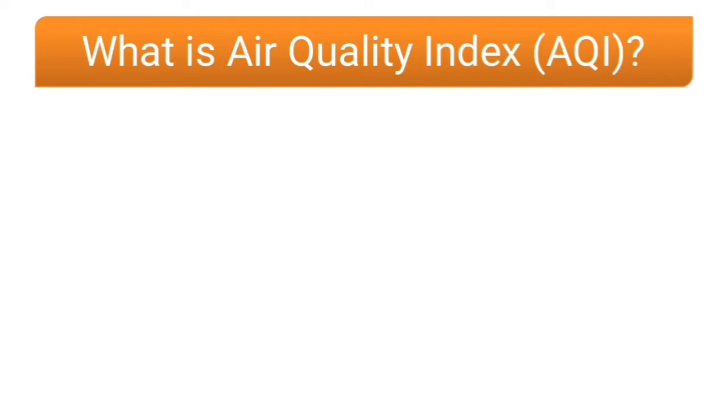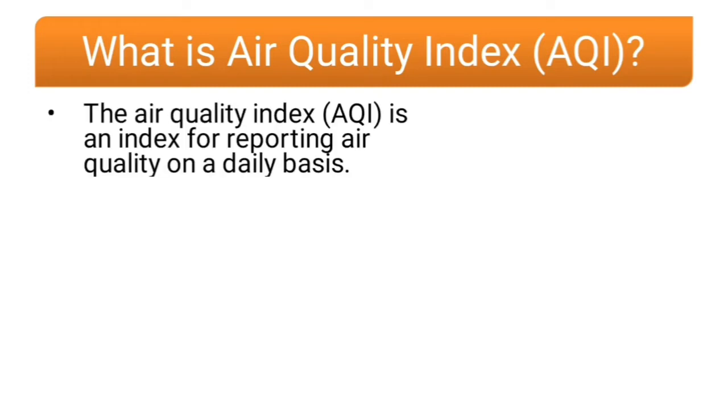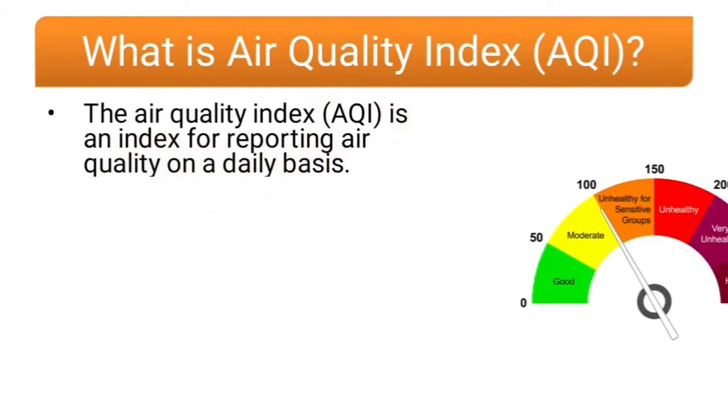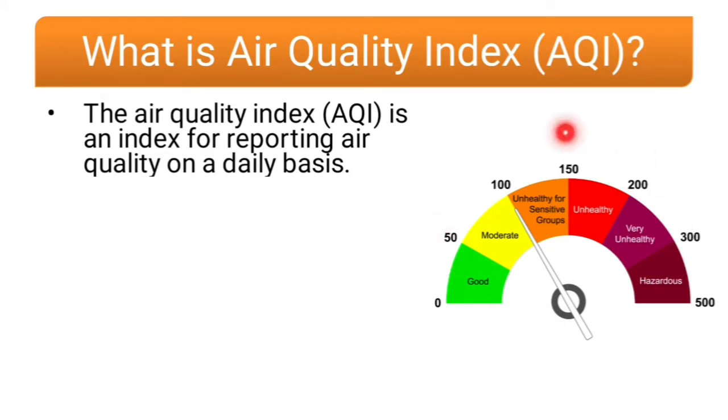Then, many times in newspapers you will see this particular thing called AQI, whose full form is Air Quality Index. Air Quality Index or AQI is an index for reporting the air quality on a daily basis. So this is the meter of air quality. It starts from 0 to 500.